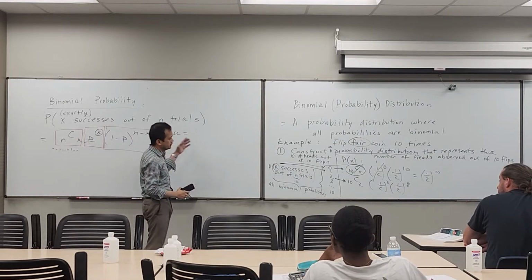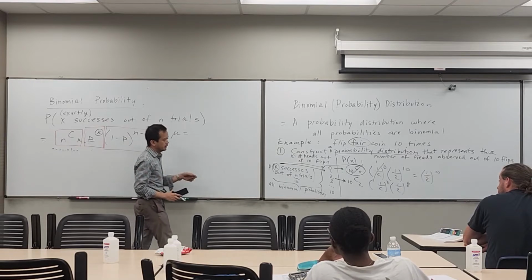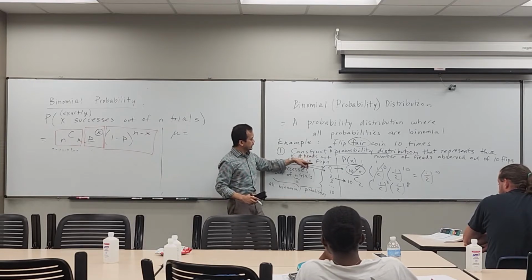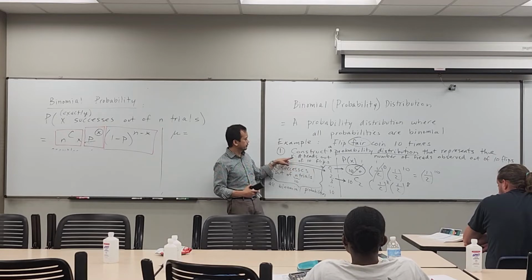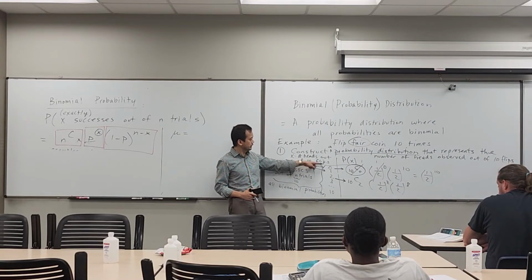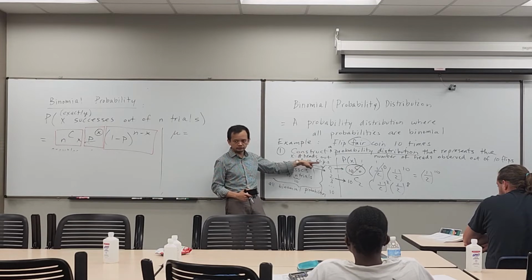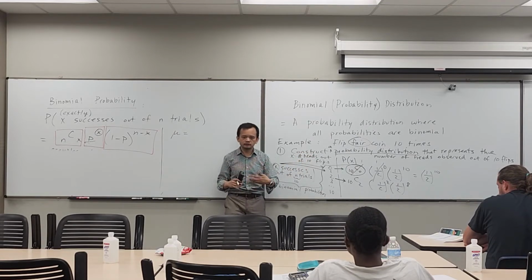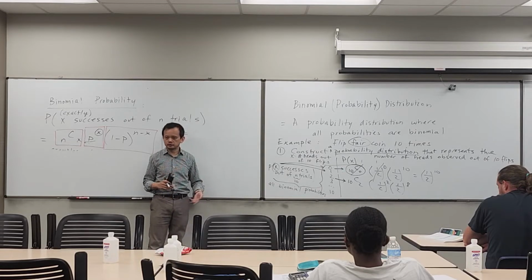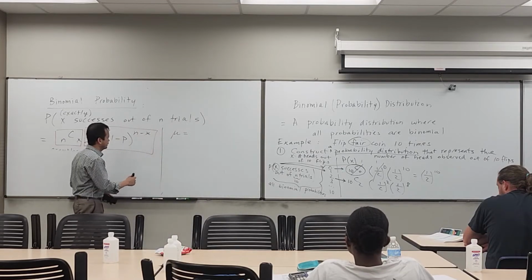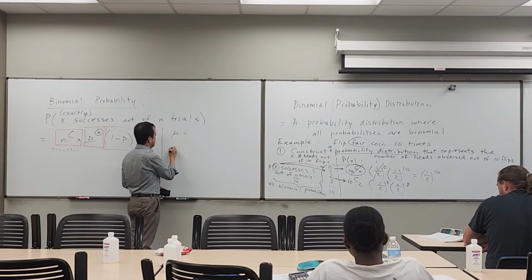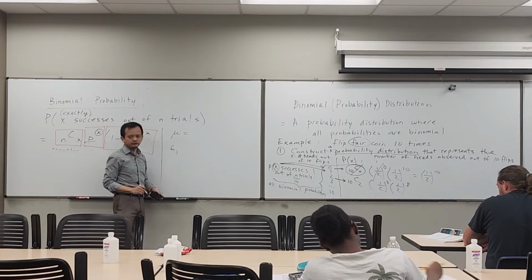So finding the mean of this distribution means that if you're looking at multiple instances of this variable, for example, this variable represents the number of heads you end up observing out of 10 coin flips of a fair coin. So let's say that you flip this fair coin 10 times, and then you count the number of heads you just observed. And so let's say that of those 10 times, you happen to observe 6 heads.